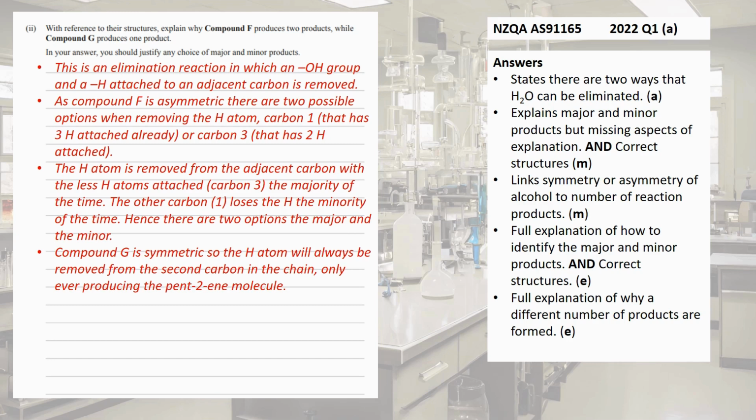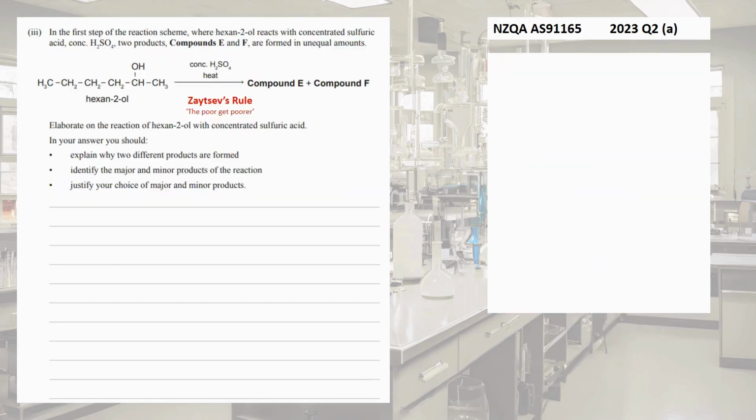Okay, let's have a look at the 2023 question. So this is also going to be Zaitsev's rule. I just put the red bit in here. We have this compound hexan-2-ol, and we're told that when we add concentrated sulfuric acid, 2 products, E and F, will form. Very similar to the other questions. We know this is going to be an elimination reaction, so we should say that.